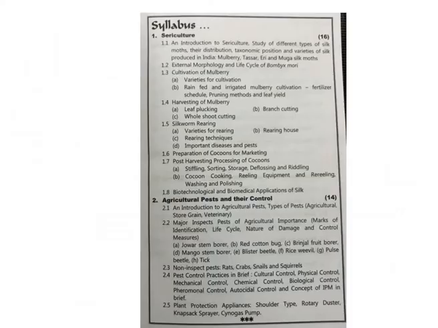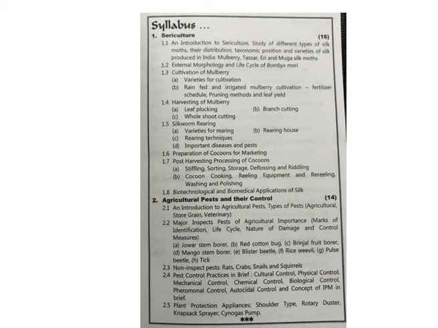So here you can see the syllabus of Paper 2. There are a total of two chapters. The first chapter is on sericulture and the second chapter is on agricultural pests and their control. So first, focus on sericulture.